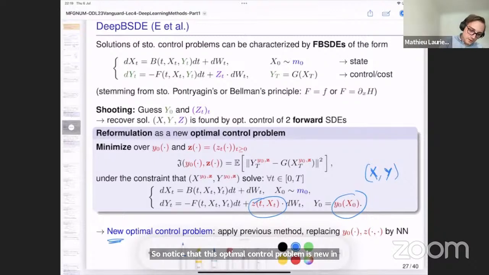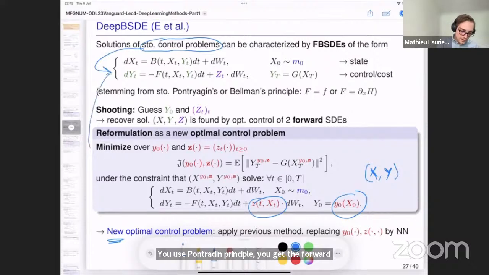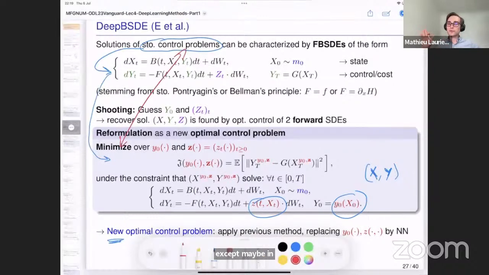So maybe you start from a stochastic control problem, you use the Pontryagin principle, you get the forward-backward system, okay? And then you rewrite it in this way. This problem is not the same as the original one, except maybe in very special cases, but in general, it's completely different, right? So we are not going back in circles. We are really defining a new problem.